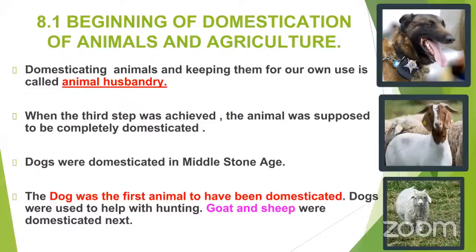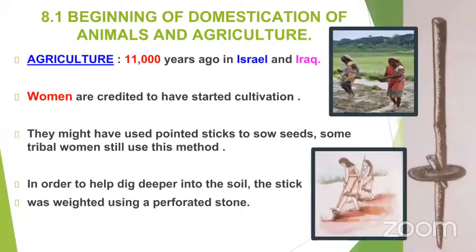Goat and sheep were domesticated next. Can you see the pictures? First is the dog, then goat, and then sheep. Goat also gives us milk, and sheep is useful to get wool, and that wool is useful for making woolen clothes. We can protect ourselves in winter. Now, everybody understood what domestication is? Who was the first animal to be domesticated? Dog. Very good.